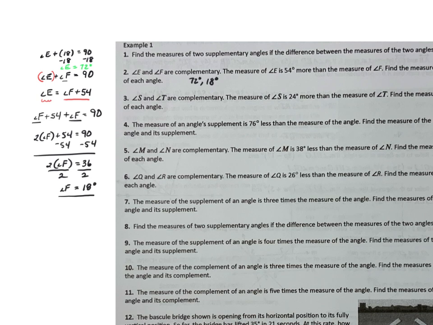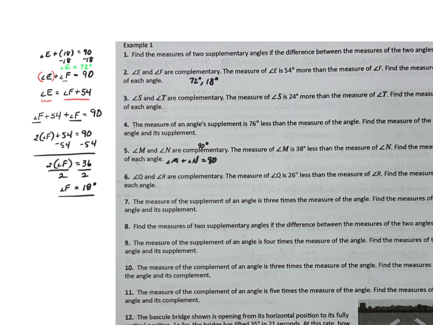looking at just the equations that I'm going to work with, it reads M and N are complementary. So again, 90 degrees, okay? So angle M plus angle N are equal to 90 degrees.